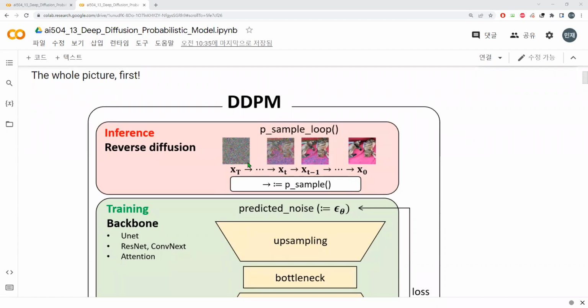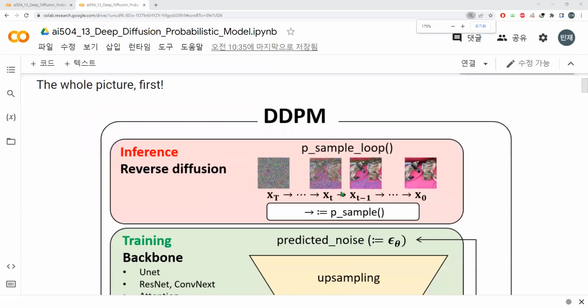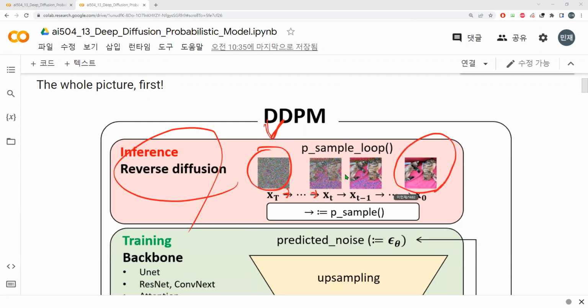You start from the total isotropic noise and denoise this noise step by step with the reverse diffusion process toward a clean image of a cat.